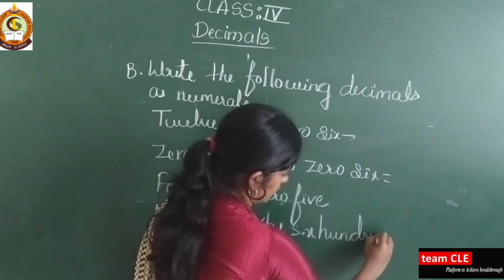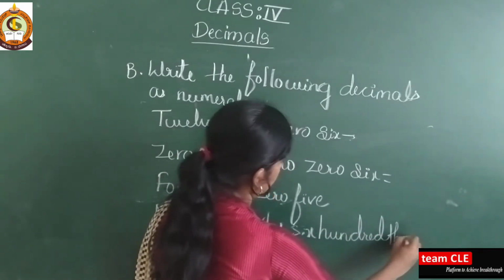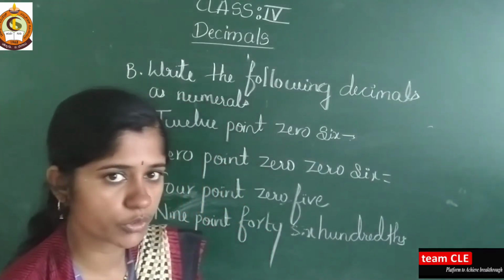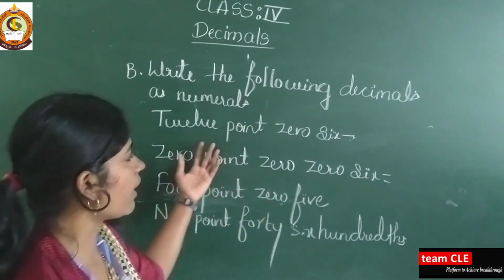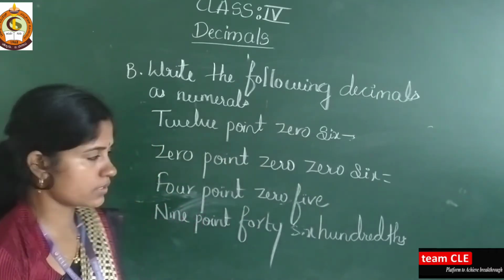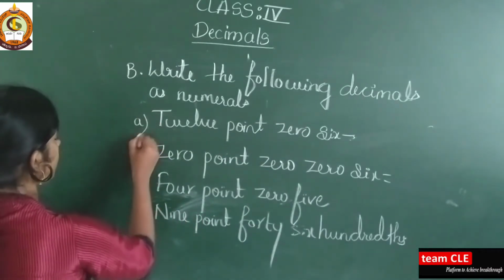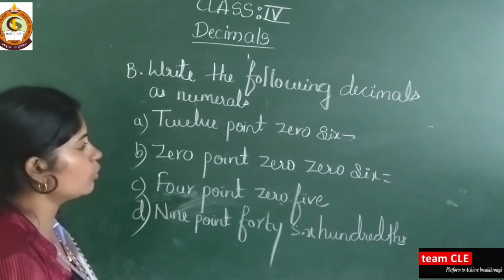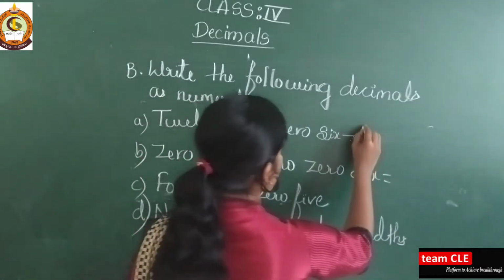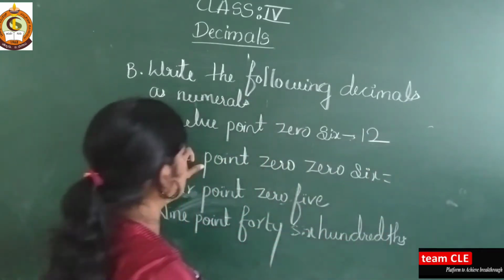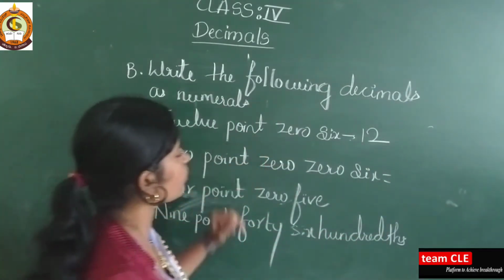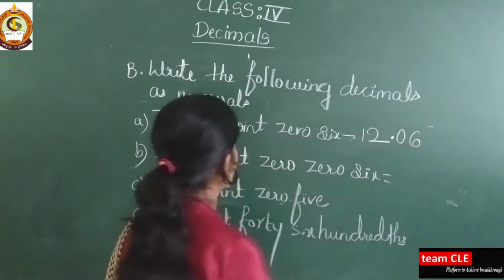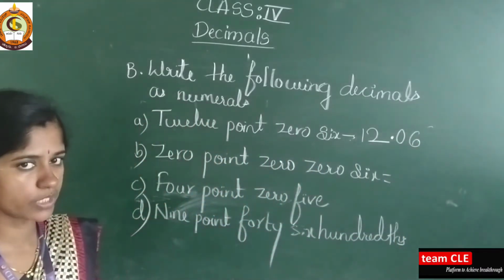Now, dear students, we are going to write these decimals as numerals. Numerals means you have to write in numbers. Here I took some examples from your evaluate part. 12.06: first you write 12, and next 0.06. So 12.06.